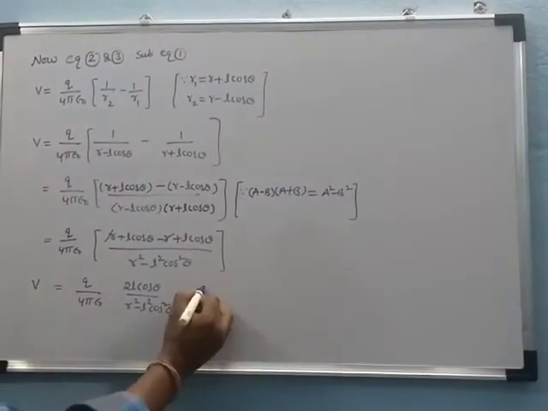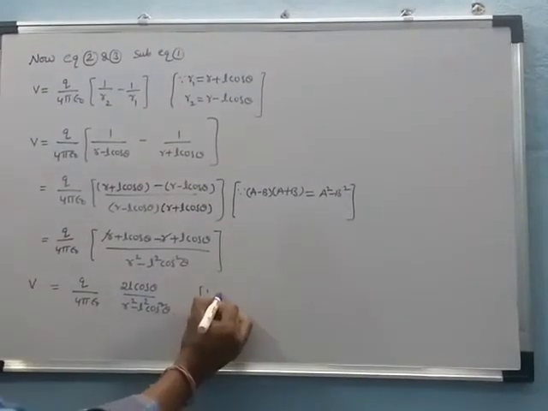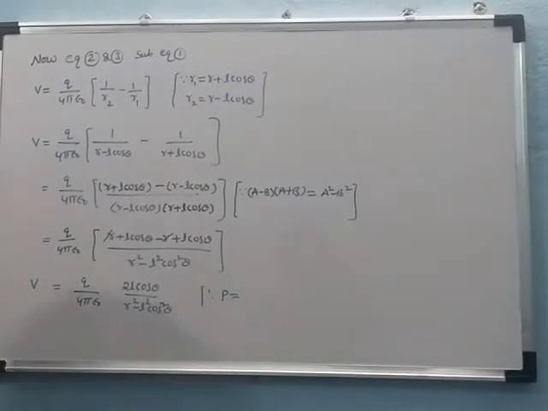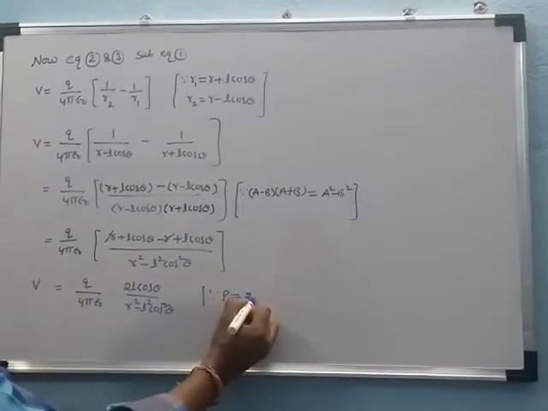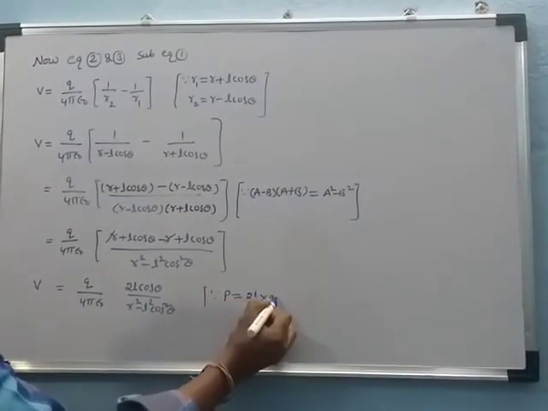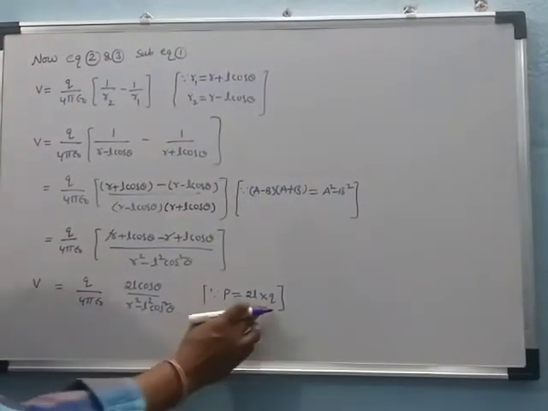But here we know a formula. What is the formula for the electric dipole moment? The electric dipole moment P is equal to the length of the dipole into the magnitude of charge, the product of the charge Q into 2L.